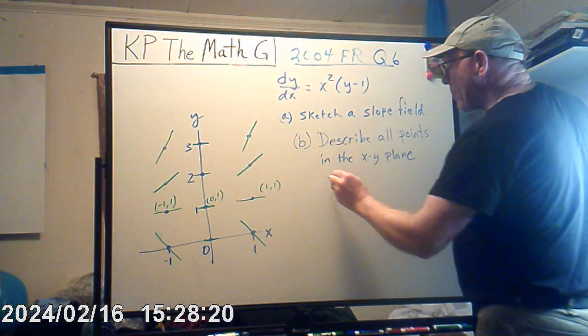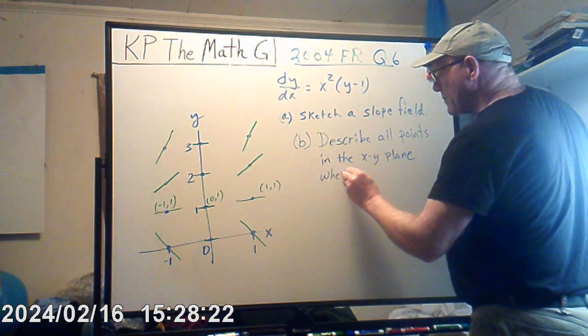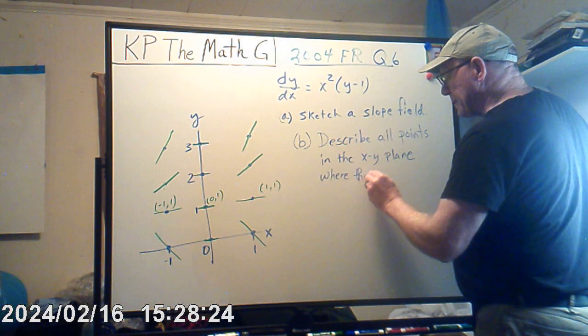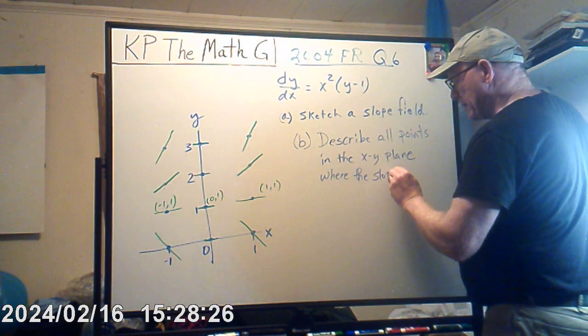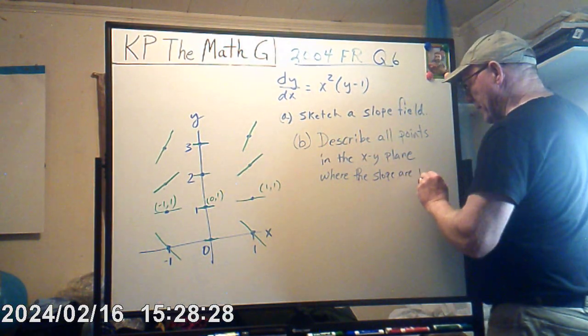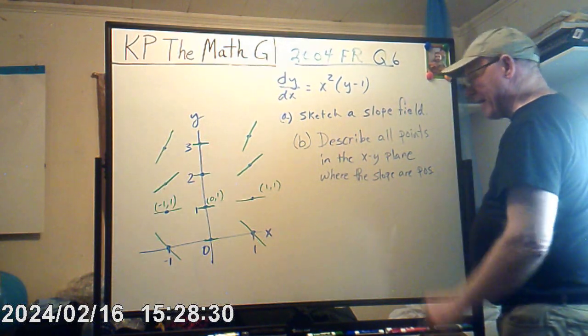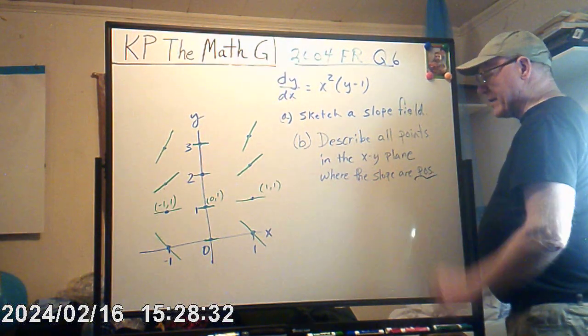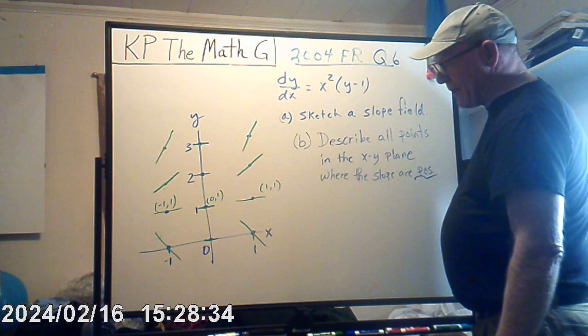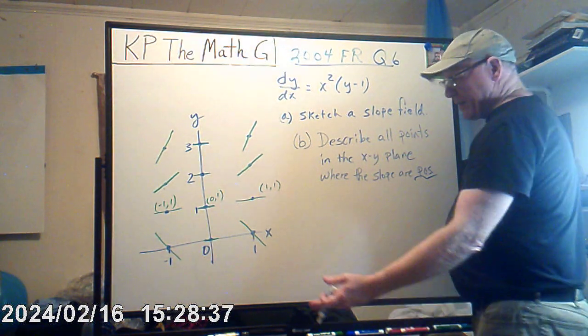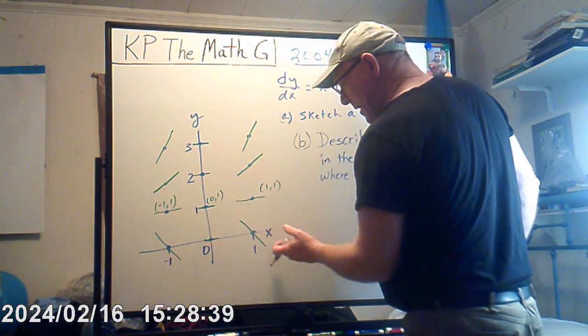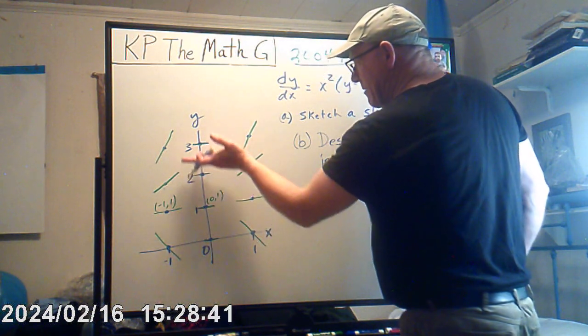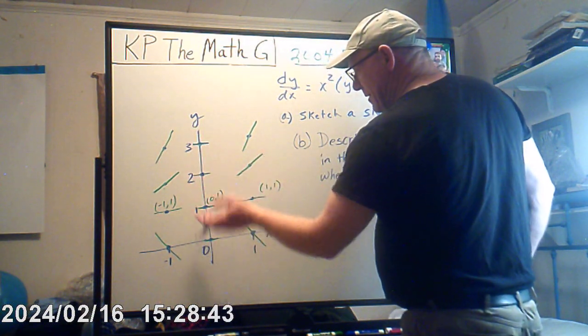Where the slopes are positive. I'm just going to abbreviate that right there. Now, if you look, remember these two slopes are negative. All of these at 0 are 0.